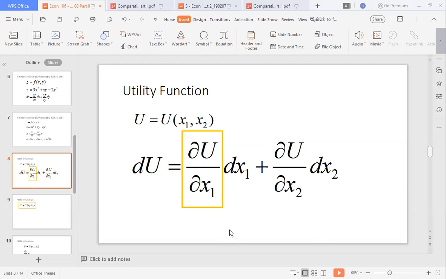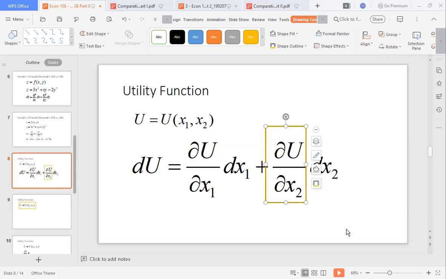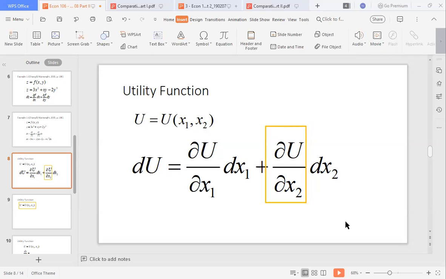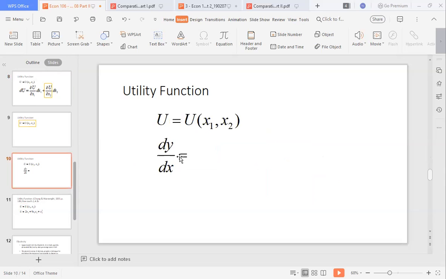Very good. So in that case, class, what I have mentioned earlier, partial u partial x sub 1 is just your marginal utility of x sub 1. And partial u partial x sub 2 is again your marginal utility of x sub 2.